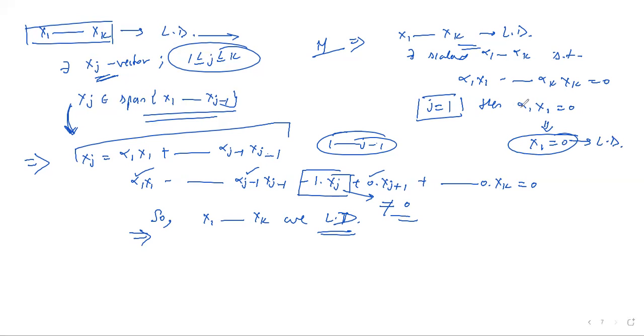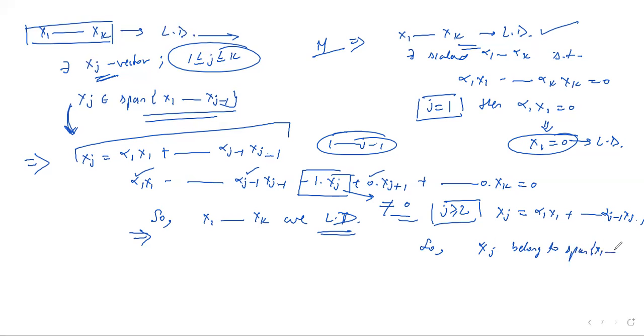When j is greater than or equal to 2, the case formed is xj equals alpha 1 x1 plus ... plus alpha j minus 1 xj minus 1. Then we can say that xj belongs to the span of x1 to xj minus 1.